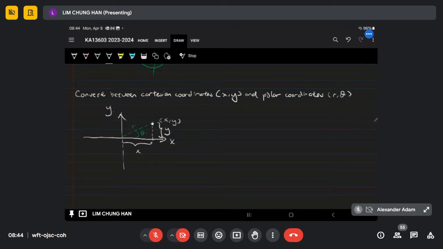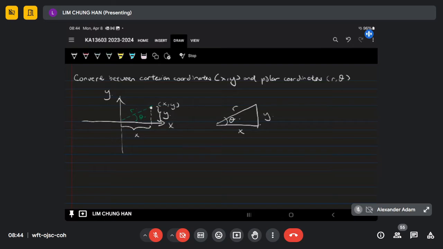So basically what you have here is your typical trigonometric relationship, whereby this is x, this is y, this is r, this is theta. So you can draw a whole load of relationships here. The first relationship is tangent theta equals y over x.